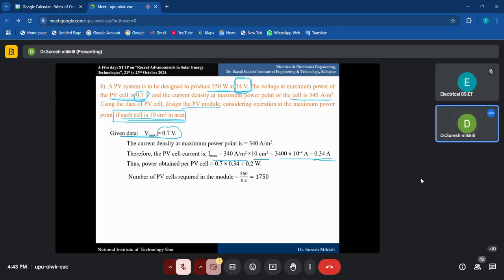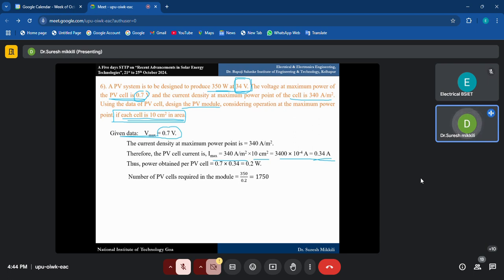Now, string voltage will be how much? Can you tell me? One string voltage will be how much? 34 volts. One string voltage is 34 volts. One cell voltage is 0.7 volts. How many cells are required in one string? Can you tell me?